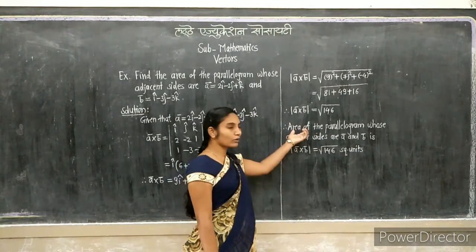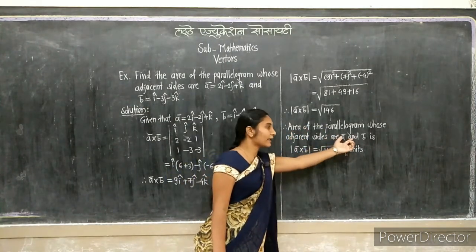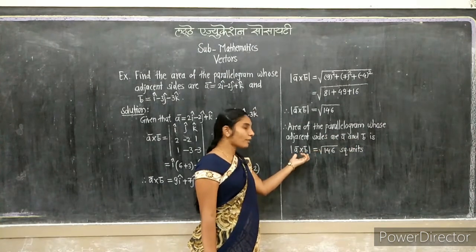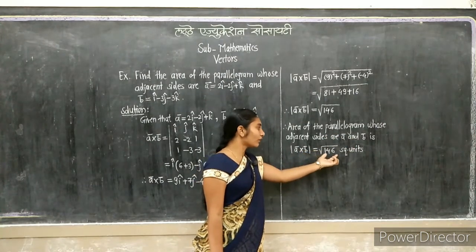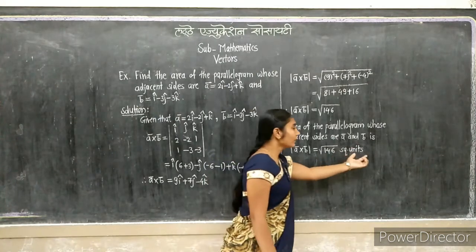The area of the parallelogram whose adjacent sides are a bar and b bar is the magnitude of a bar cross b bar, which is equal to under root 146 square units.